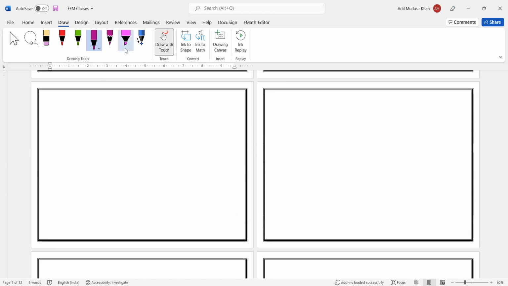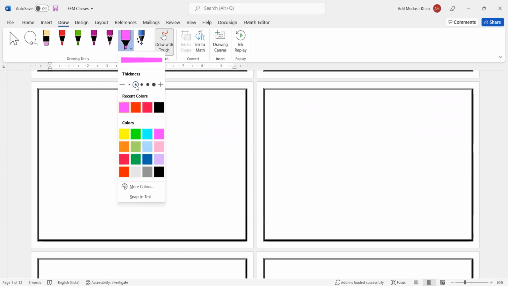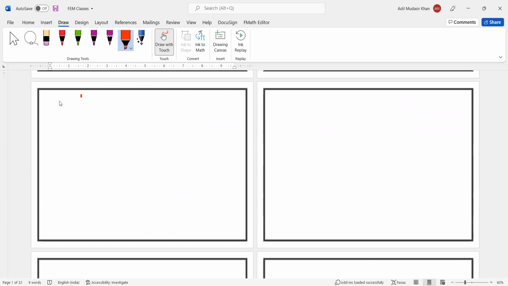Apart from this representation, we can also talk a little bit about what is known as the parametrization of the shape functions.